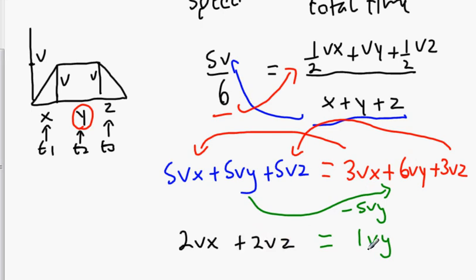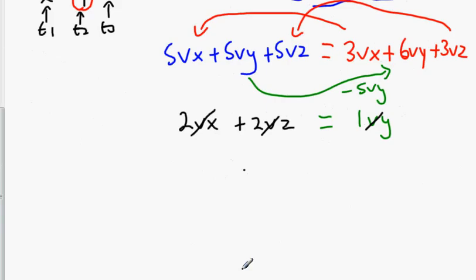What should we have gotten rid of, probably right away as well? The v's can go, can't they? And what we're going to be left with is y equals 2x plus 2z, which can also be written as a half y equals x plus z.